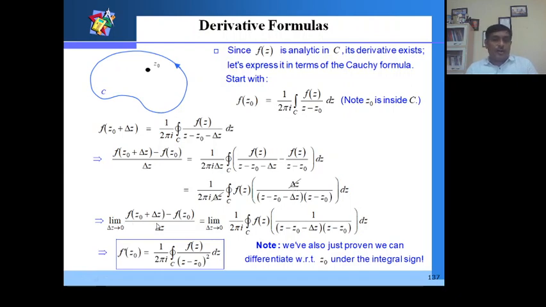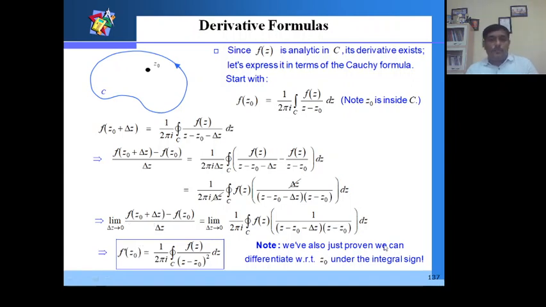Then f of z naught plus delta z minus f of z naught divided by delta z, in the limit as delta z tends to 0, we get z minus z naught here, and here also z minus z naught, this becomes 0, and 2 times z minus z naught means (z minus z naught) the whole square, into dz. This is the fundamental definition of the derivative, that is f dash z naught.